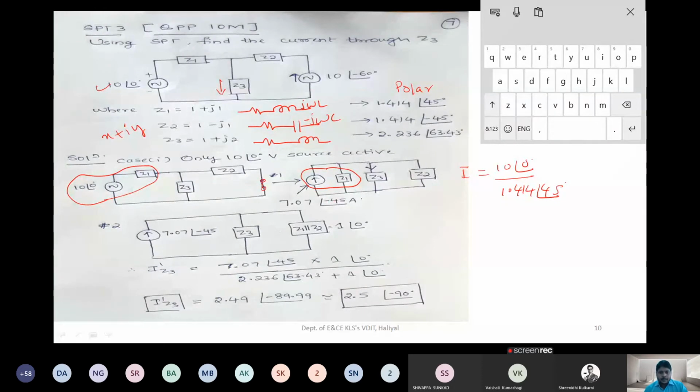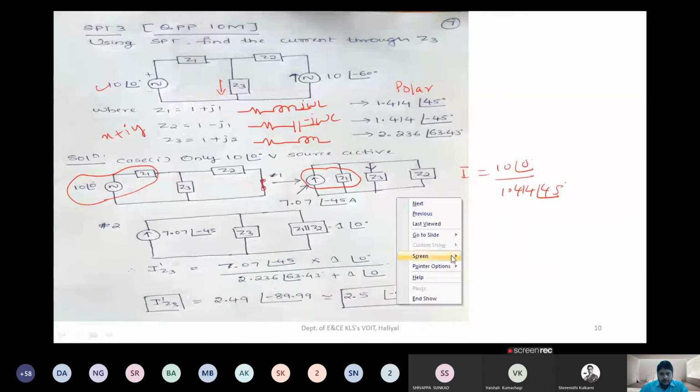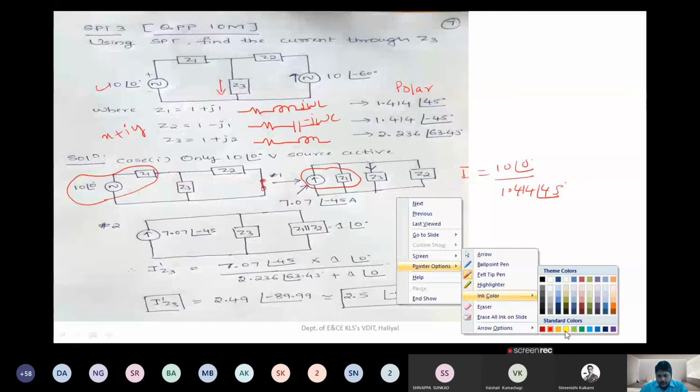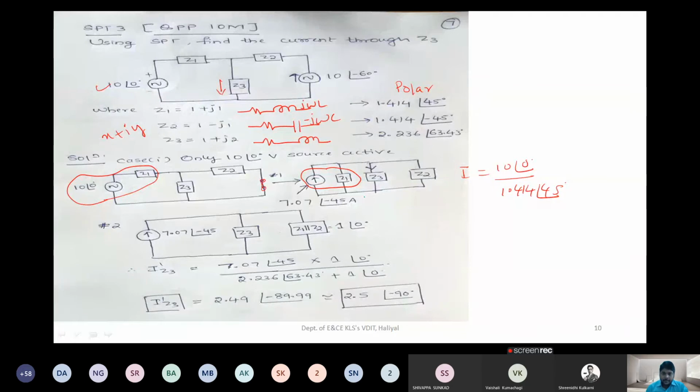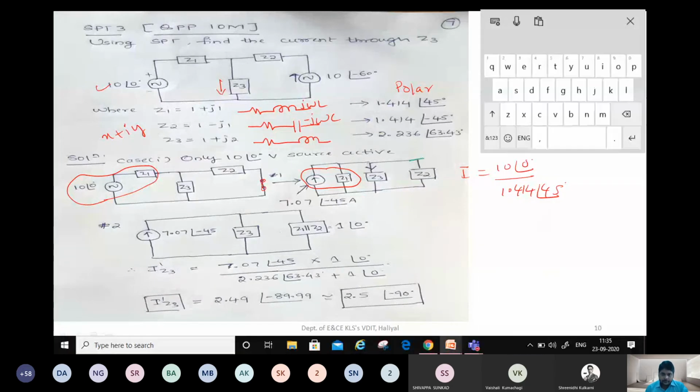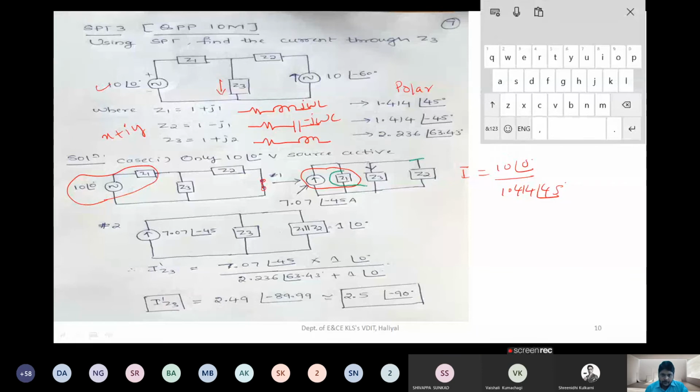Next, we want the current through Z3, but Z1 and Z2 are in parallel, so you can consider the parallel equivalent value of Z1 and Z2.